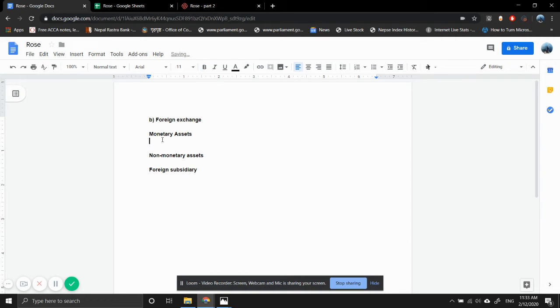So what are monetary assets? Monetary assets are units of currency held, and assets and liabilities to be received or paid in a fixed or determinable number of units of currency.